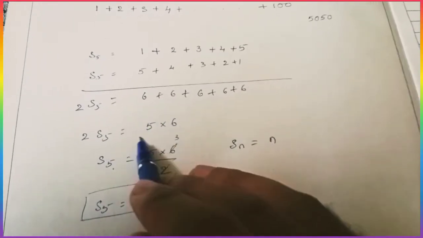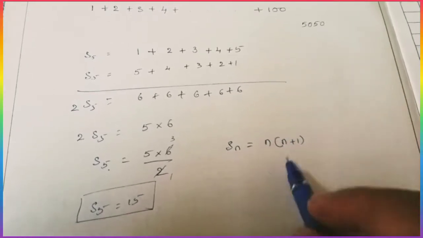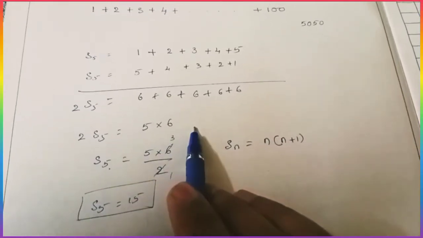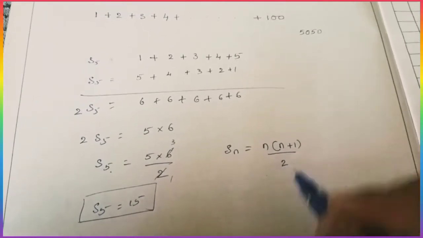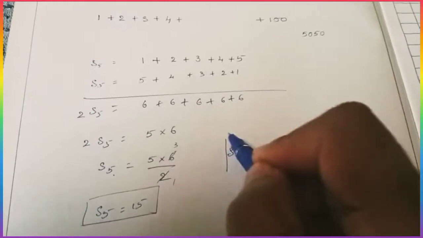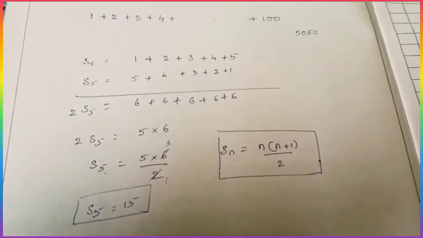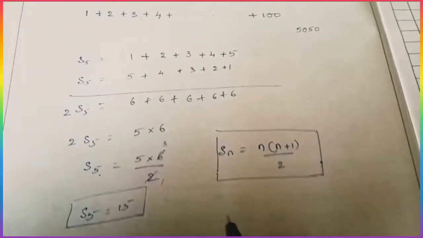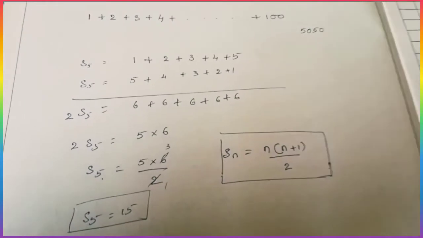If you add 1 to 5, you get 6. Similarly, for n, if you add 1, you get n plus 1 by 2. So this is the formula used to find the sum of n terms of an AP when continuous natural numbers are given.